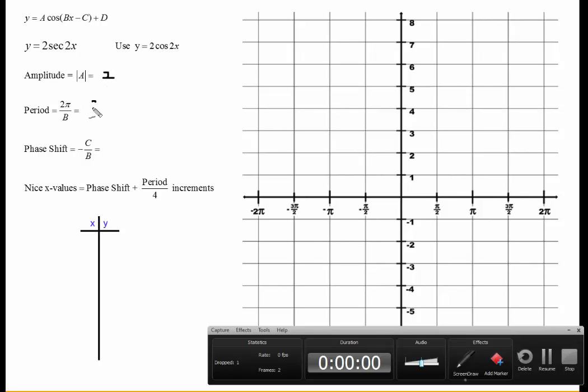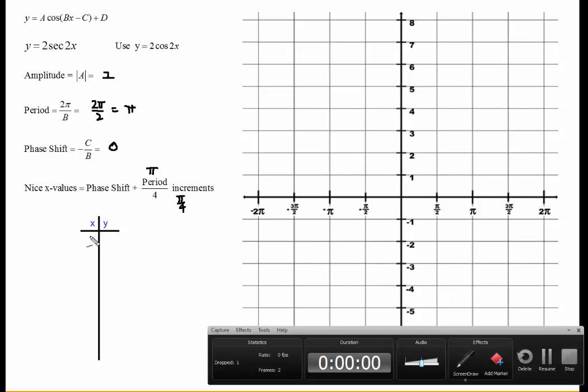The period would be 2 pi over b, where the b number here is 2, so that would give us a period of pi for this cosine graph. There is no c number on this one, so 0 on the phase shift. And the nice x values would be the period divided by 4, so that would be pi over 4 increments.